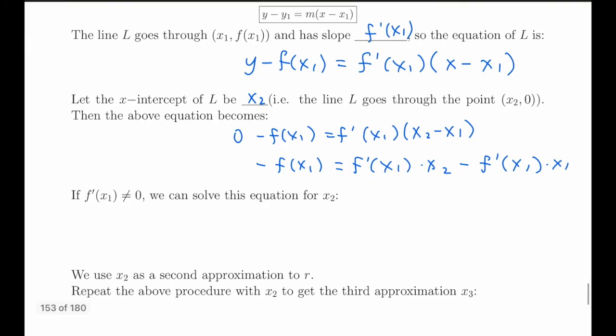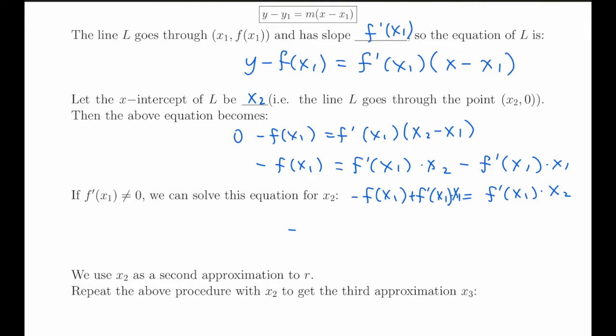And to solve for x2, why don't we bring this onto the left side? So we get f prime of x1 times x2 on this side, and that's equal to minus f of x1 plus f prime of x1 times x1. Now, assuming that this is not 0, we can divide both sides by this to solve for x2.